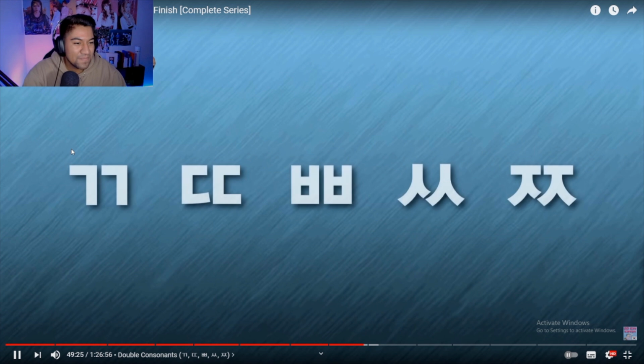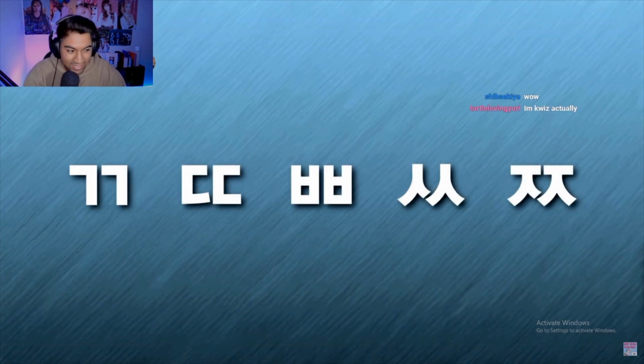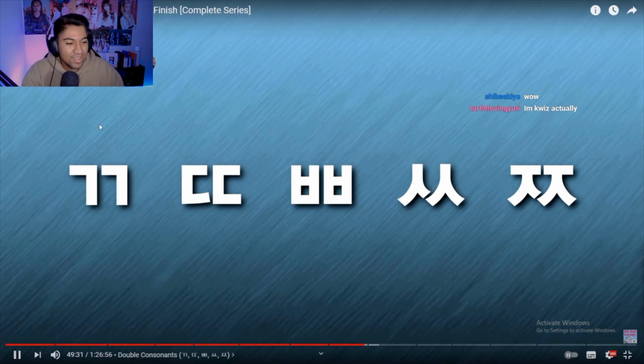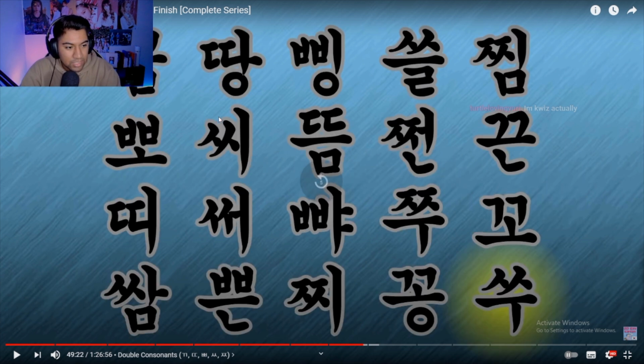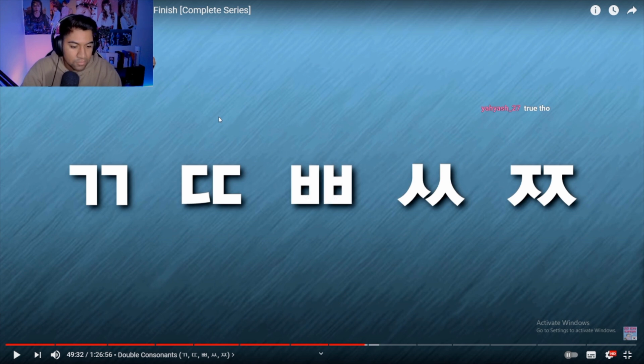Listen, practice by making your own syllables using double consonants. With practice, you'll be able to easily pronounce and recognize double consonants. Well, yes, that's true, but at the same time, with bad practice, you're just gonna screw yourself over. So I think I'm just gonna have to go over this and re-listen to all of these before I start making my own. But I'll continue with the video.